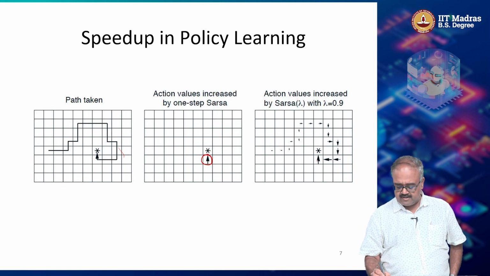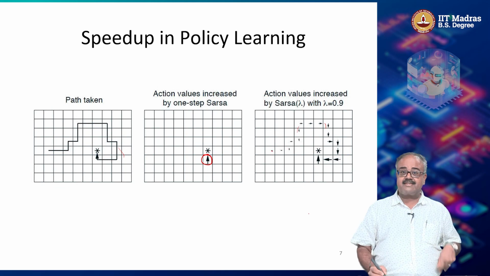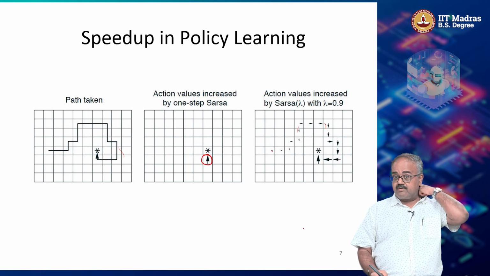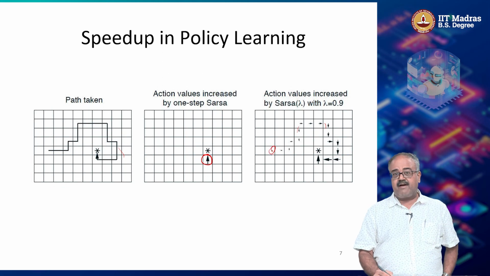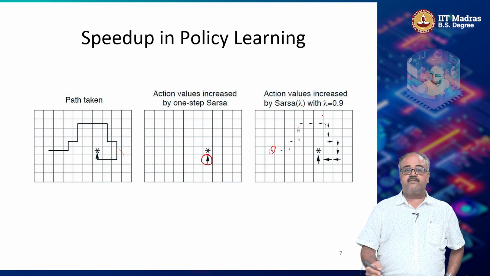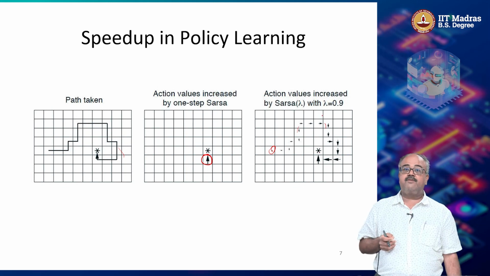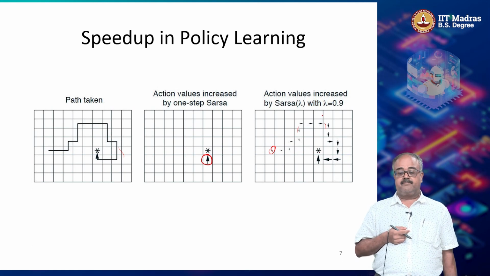Then what will happen is all these states will get updated, because everything has some eligibility going forward. Even the Q value here will have some non-zero eligibility of receiving an update. So as soon as you do one trajectory, so many Q values get updated. So you can learn much faster in terms of the number of trajectories that you need to learn.